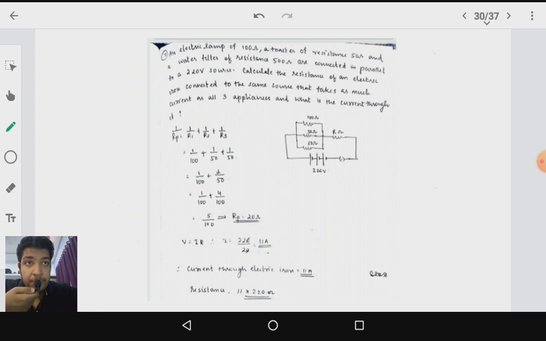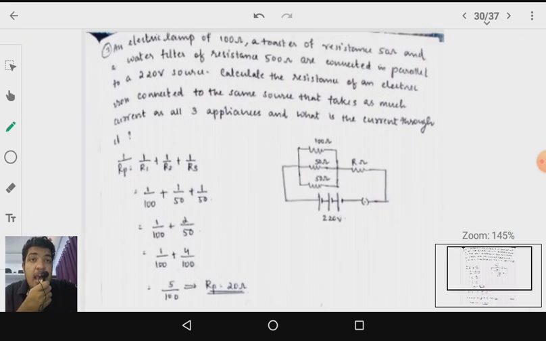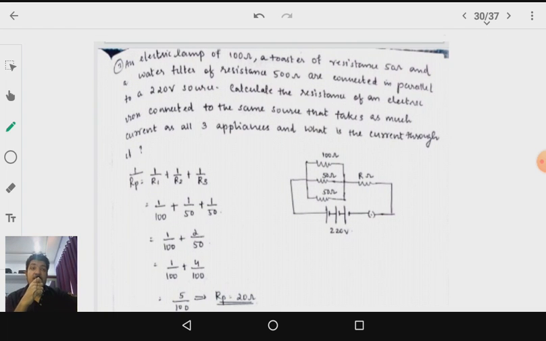Direct question. Now this is a little tricky question. An electric lamp of 100 ohm, a toaster of resistance 50 ohm and a water filter of resistance 500 ohm are connected in parallel to a 220 volt source.